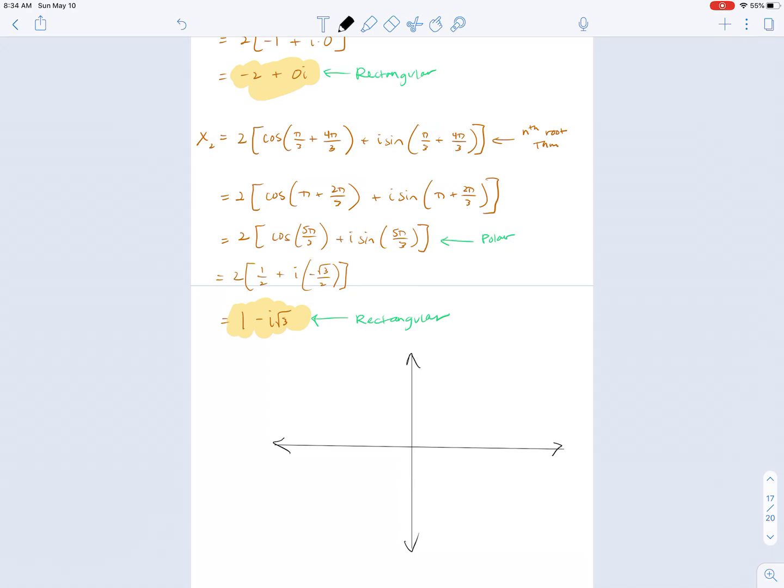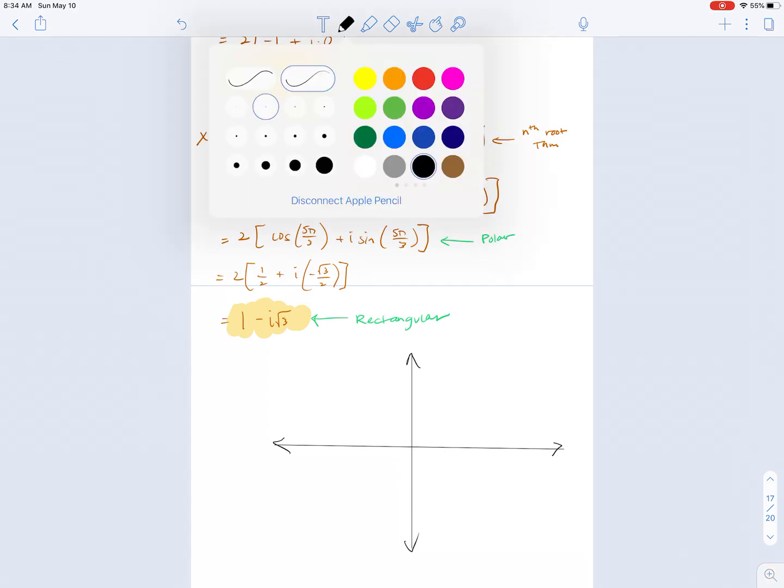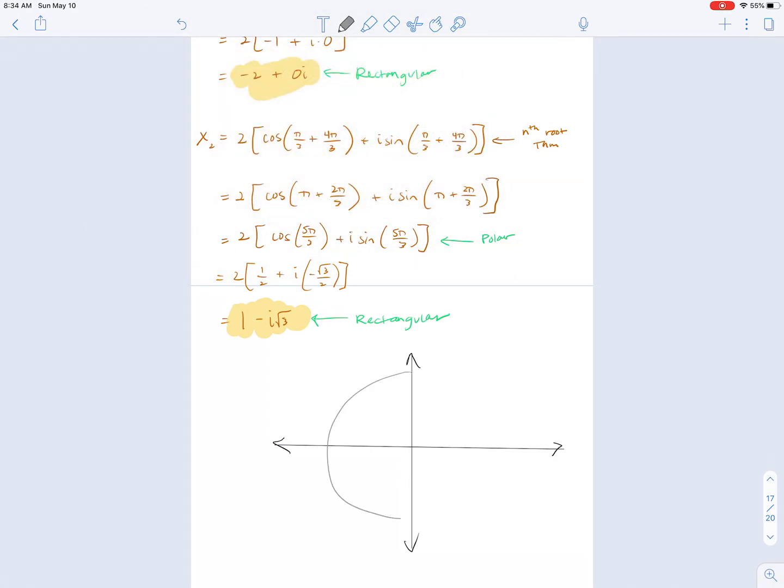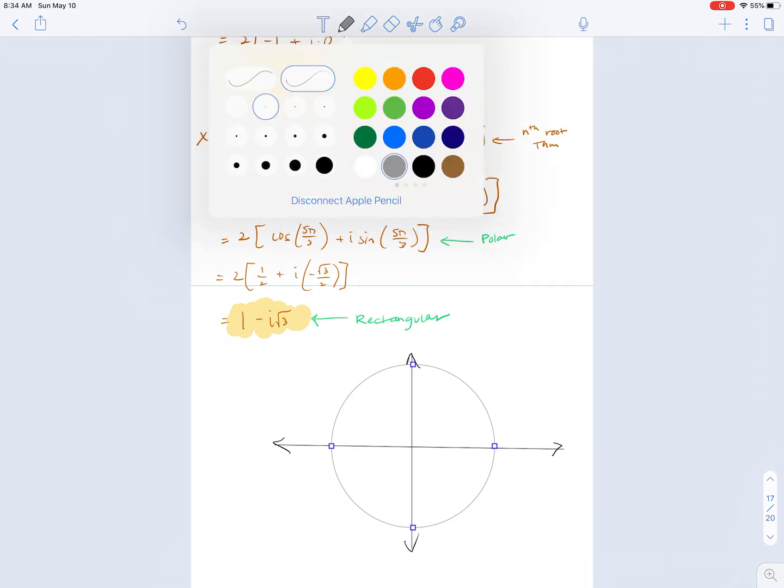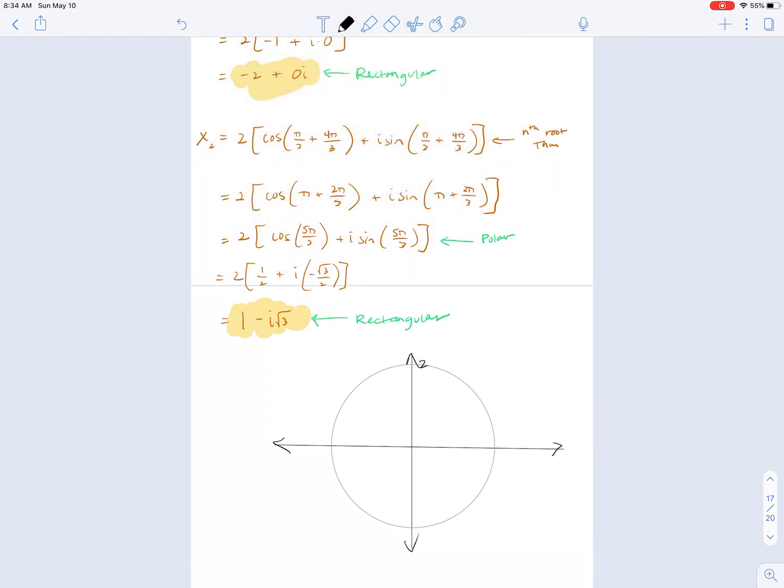And because there's three solutions, if we were to connect them, we make an equilateral triangle. So each solution has a modulus of 2. So if I were to sketch a circle, I'll use gray, with a radius of 2.